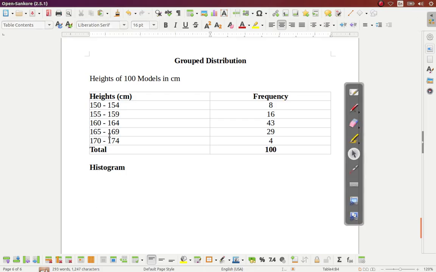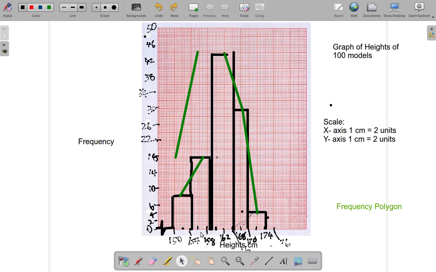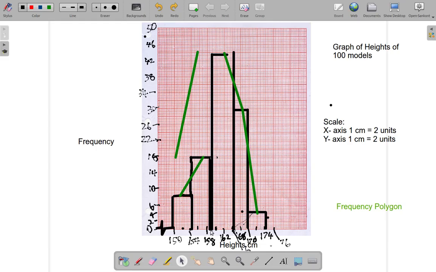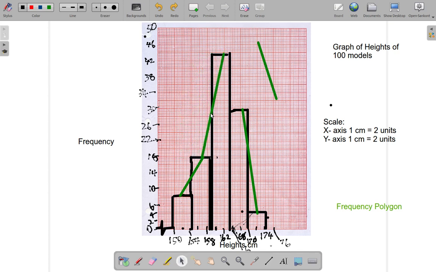So 155 to 159, just to the right of 158. 160 to 164. So 160 about here to 164. Okay. Just want to make sure that the bars are of equal width. I've just had that off a bit. Now, I have to be very careful when drawing these things so that you don't make a mistake. So 1, 2, 3.